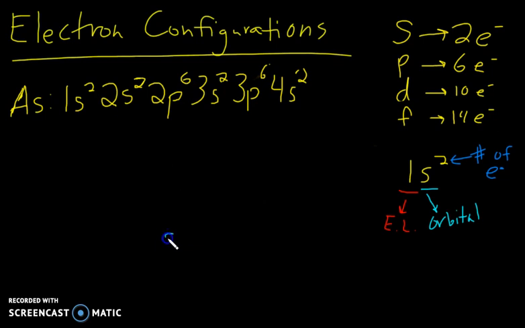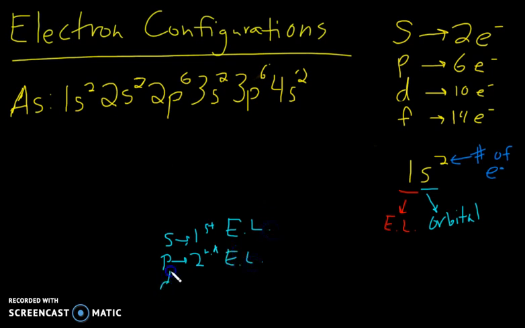for our s orbitals, we started in the first energy level every time because it's in that first row. The p orbitals, we started in the second energy level because it was in the second row. These are energy levels.